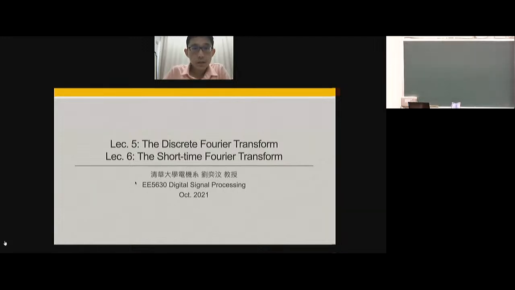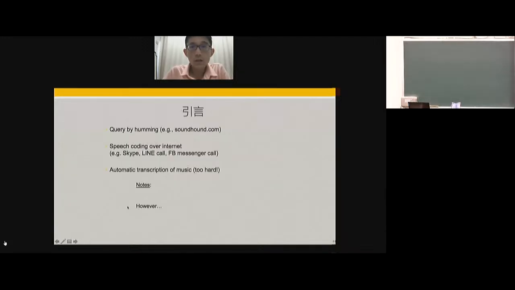Basically, discrete Fourier transform is applied to a signal of finite length, usually a short length. In audio, the typical length for us to apply DFT is typically 1,000, 2,000, or even just a few hundred, 256, for example.